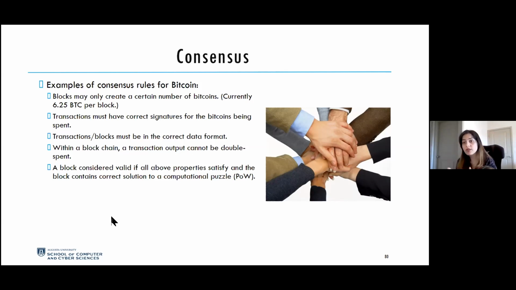The structure of the transaction should be correct based on the data format that I explained before, and a couple of others. And also the block should have a solution for the computational puzzle, which is the actual proof of work. I call it a computational puzzle because I have not explained proof of work yet.